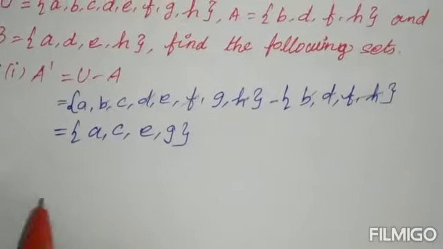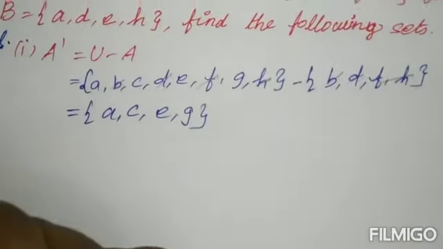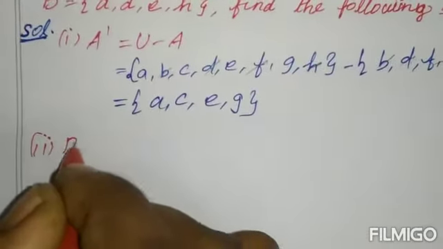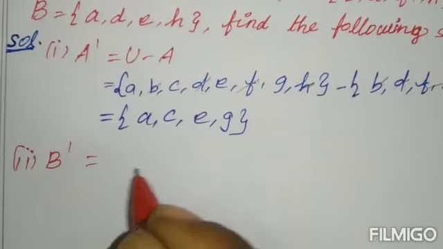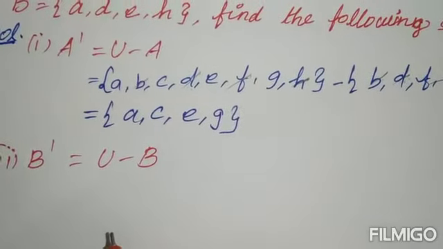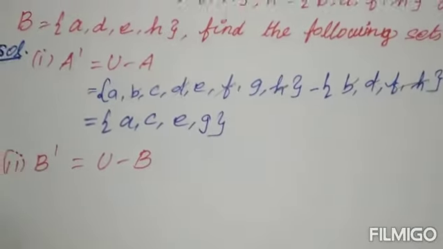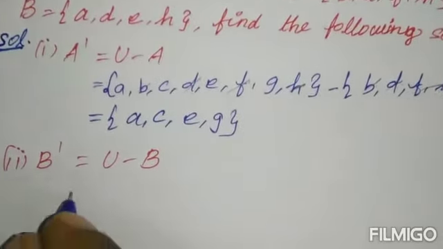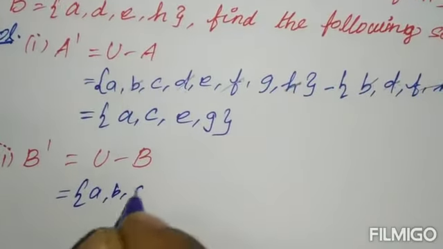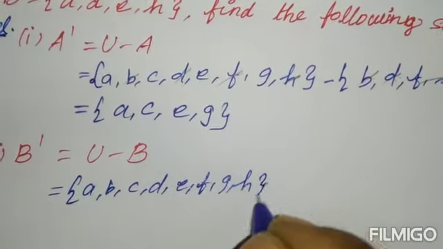Then the second one, B complement. B complement is equal to the same formula, U difference B. Whatever the complements we have, we have to subtract from U. We have to take the difference from U. So first listing the elements of U: a, b, c, d, e, f, g, h.